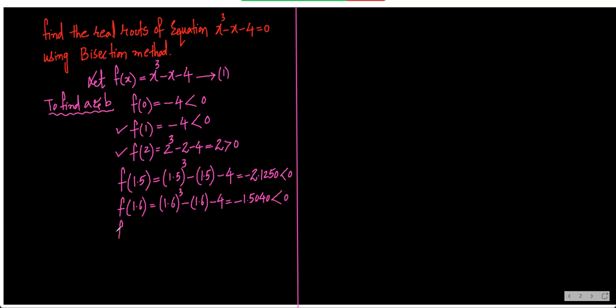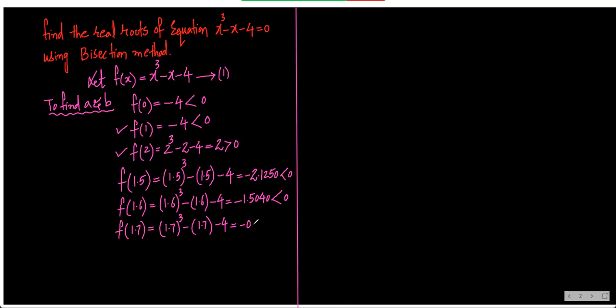Find out f of 1.7. So it is what? 1.7 whole cube minus of 1.7 minus 4. What's the answer again? Minus 0.7870.